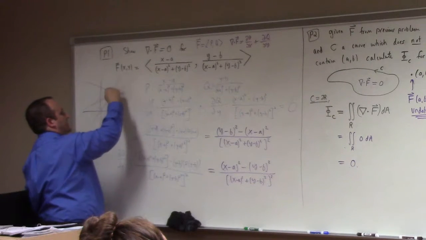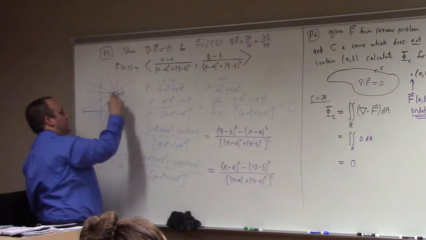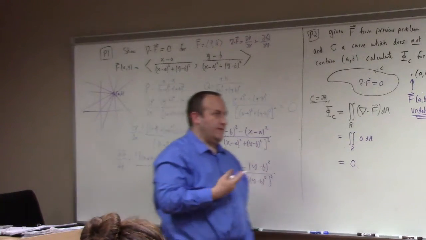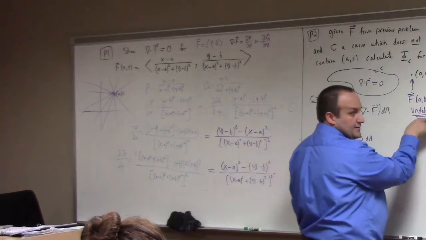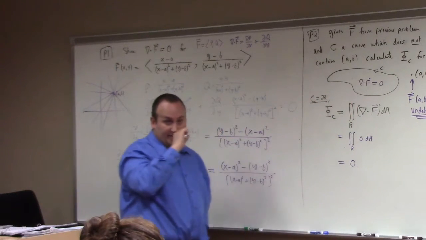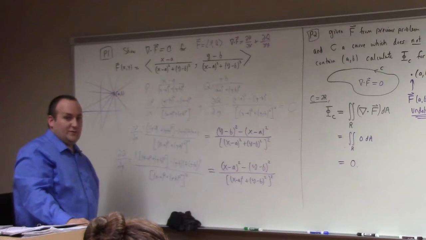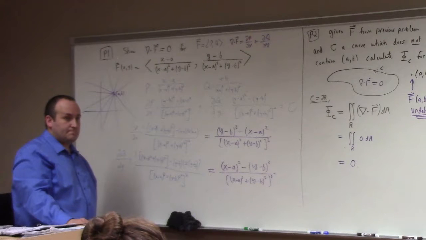There's some kind of irremovable badness at (a, b). F of (a, b) is undefined. There's a singularity there, that's right. But the divergence is everywhere else 0. So if field lines are coming from anywhere, they're coming from (a, b), is what that means.